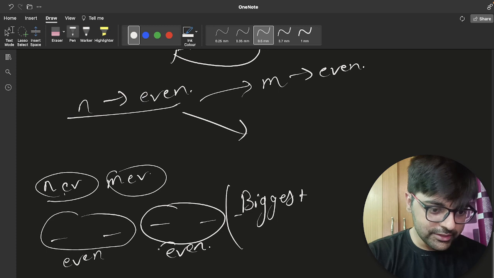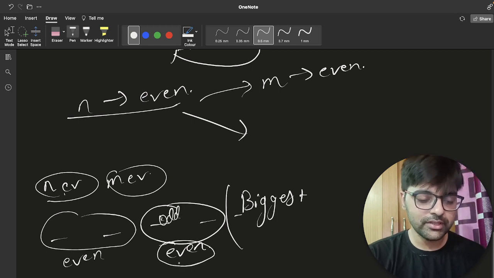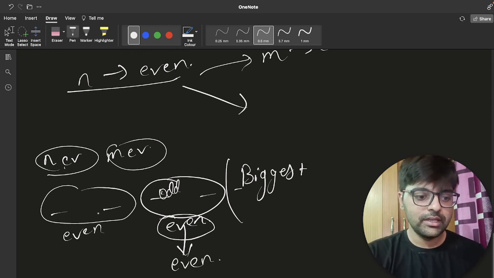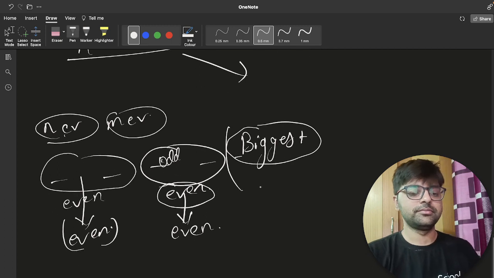So as these must be present an even number of times, either odd or even, their sum will be even. Here their sum will be even, right?